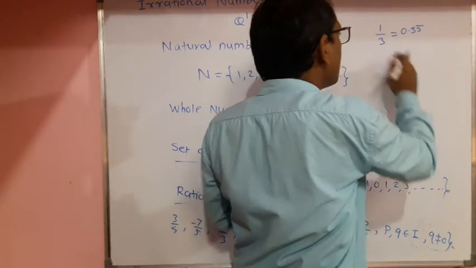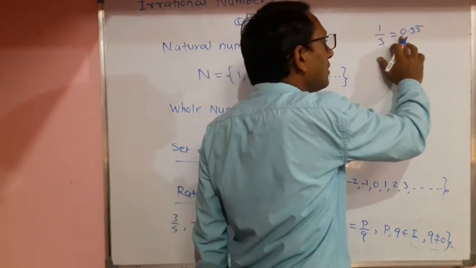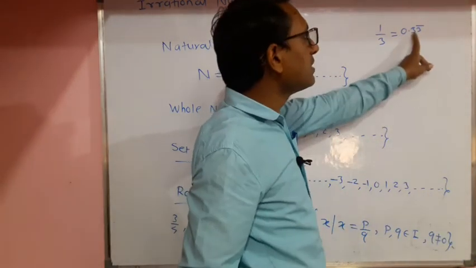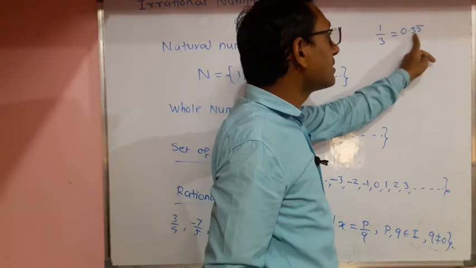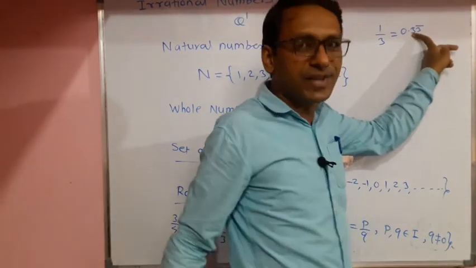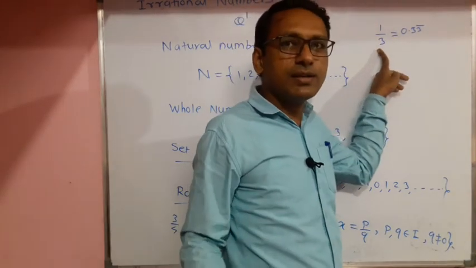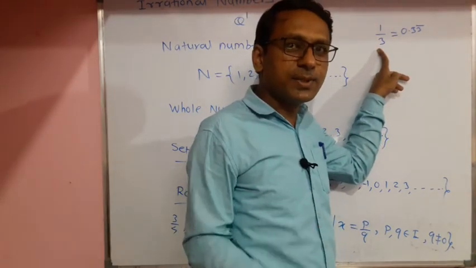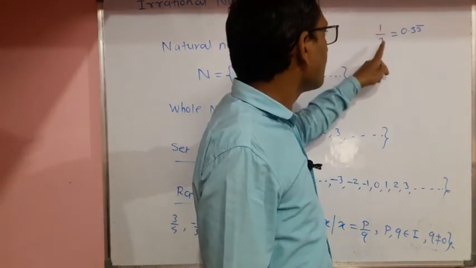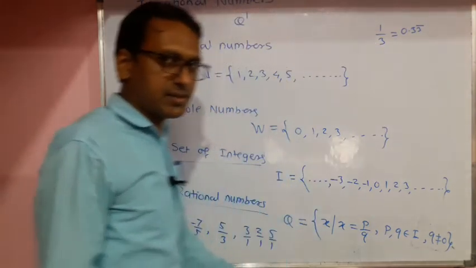So elements of this form have a recurring decimal representation. This type of decimal representation, where a similar digit occurs an infinite number of times, is said to be a recurring decimal representation. And fraction numbers are also rational numbers.